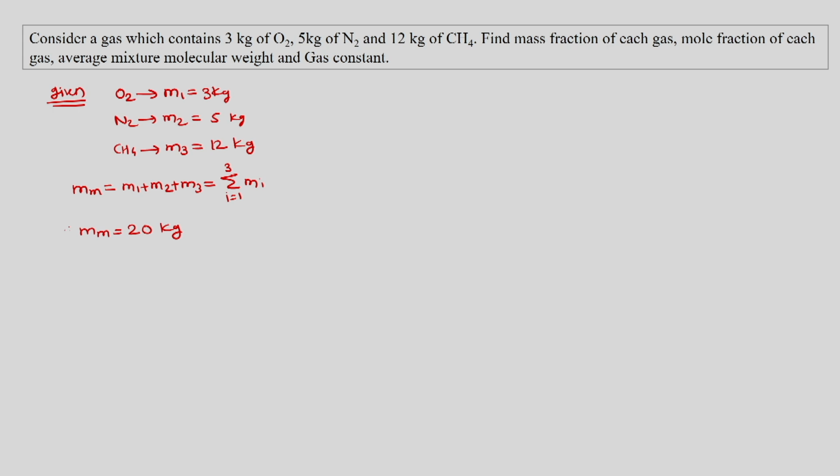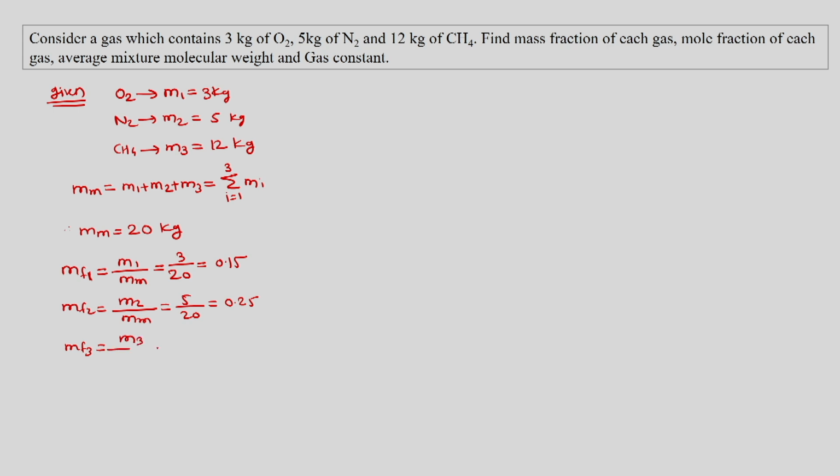Now we should find the mass fractions, which is simple. Mf1 is equal to M1 divided by mm, so it is 3 divided by 20, which is 0.15. Then Mf2 is M2 divided by mm, so 5 divided by 20, which is 0.25. Mf3 can be found in two ways.